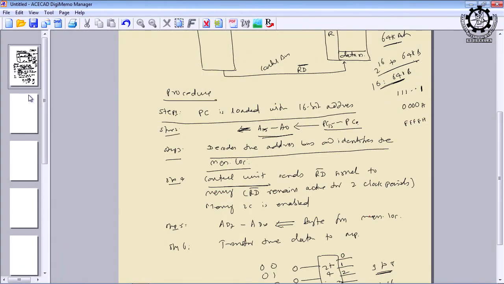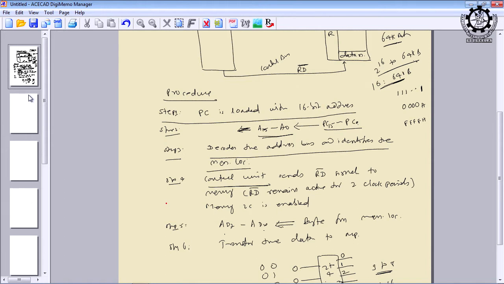After a few microseconds, you will see that the byte which is available in that location, which is already identified, will be loaded into the data bus, that is D0 to D7. That is the multiplexed bus. As I told you, initially it will be treated as A0 to A7, but whenever step 4 is completed, that will be treated as D0 to D7.